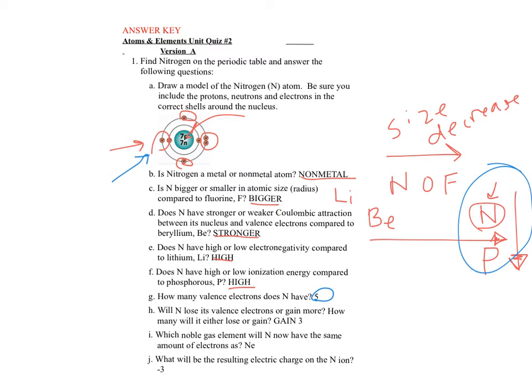And so instead of losing, he's going to be gaining electrons. Now, next to it, you should have said gain 3, but we kind of just went over that the class before, and so I'm giving people a little bit of grace. As long as you said gain, because you understand that they're very attractive on that right-hand side, then you got the points.